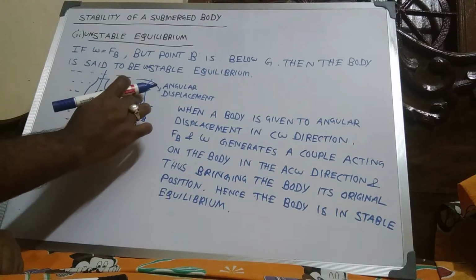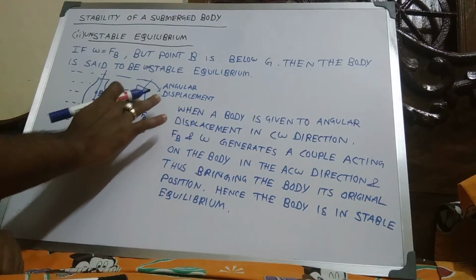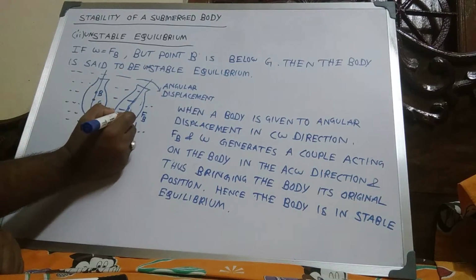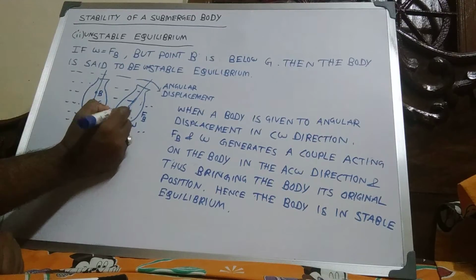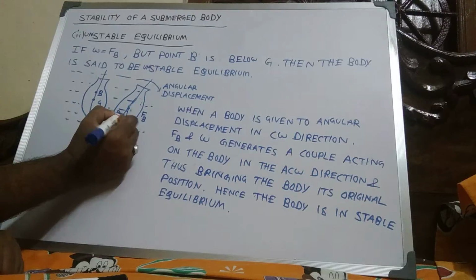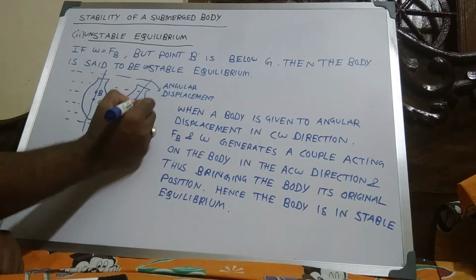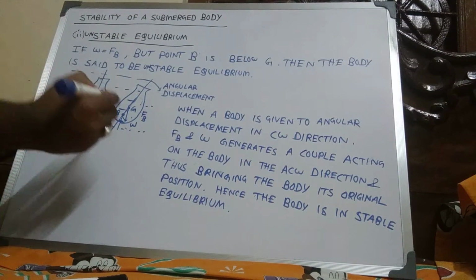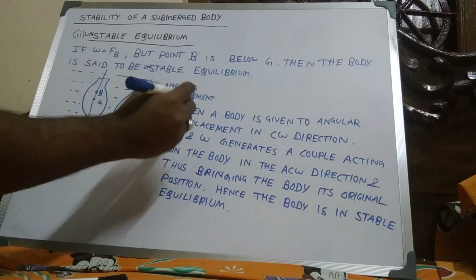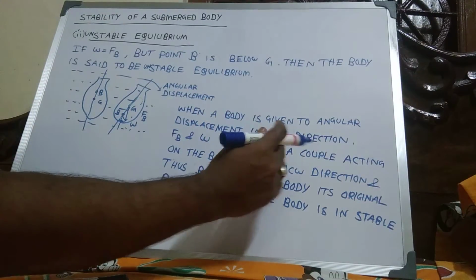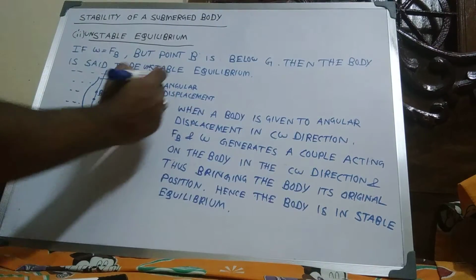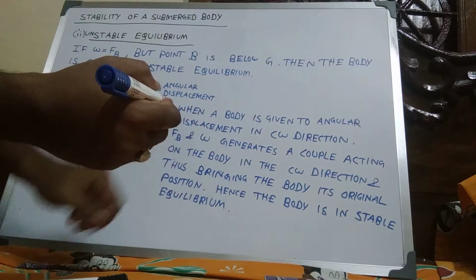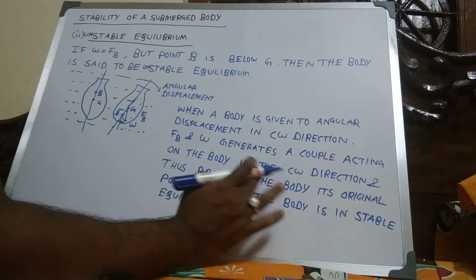Suppose this is B with the upward force, and this is G. When the body is given an angular displacement in clockwise direction, it generates a couple in the clockwise direction.